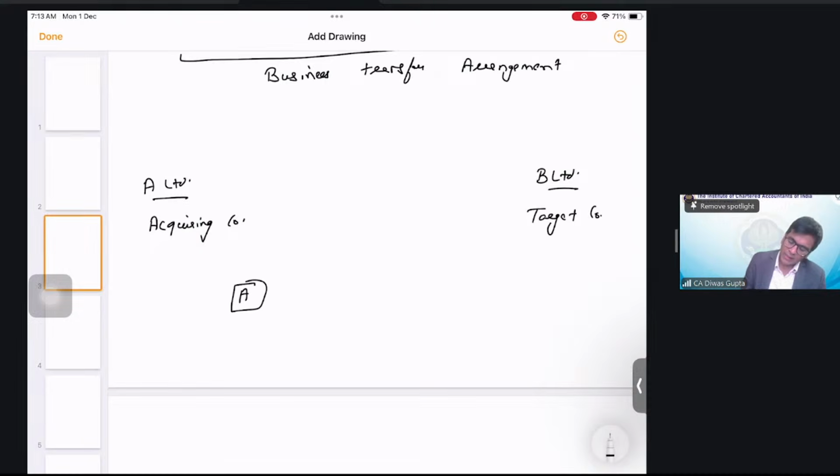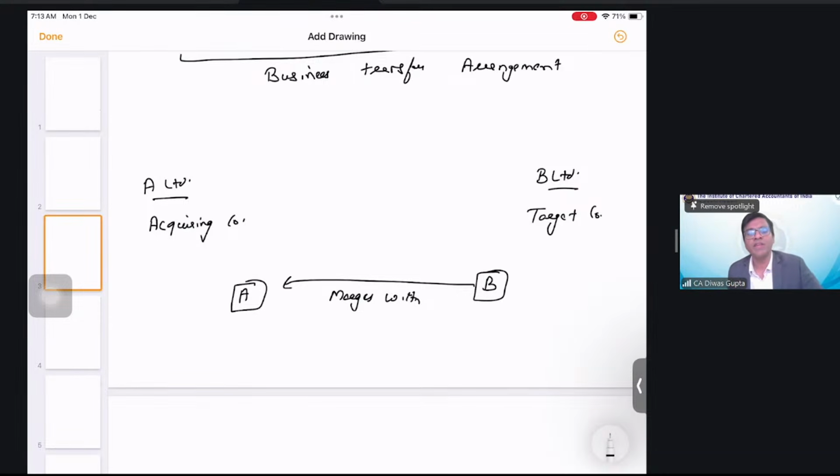So between A and B, B merges with A, the first situation that we have spoken about. So in this case, B is getting merged into A.